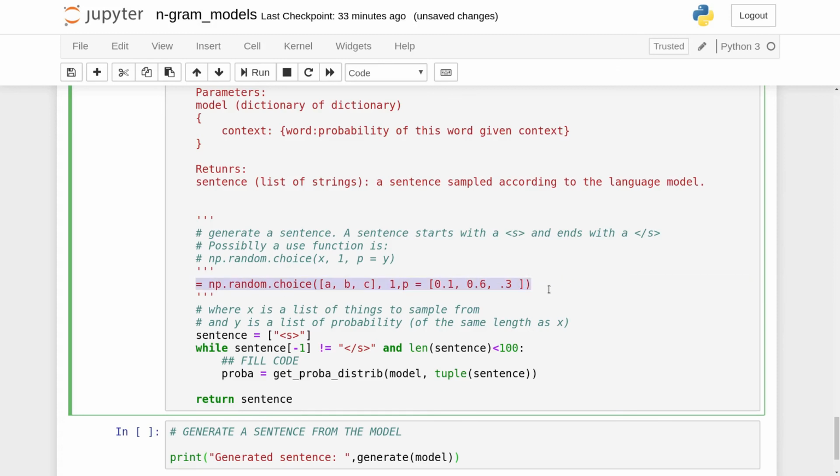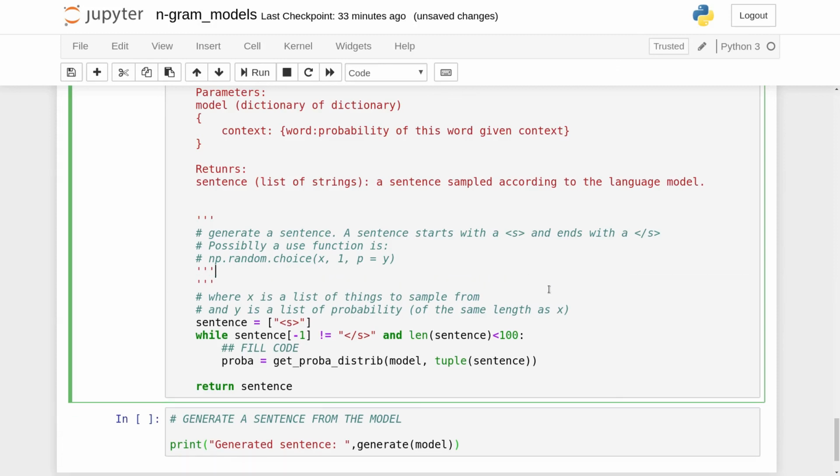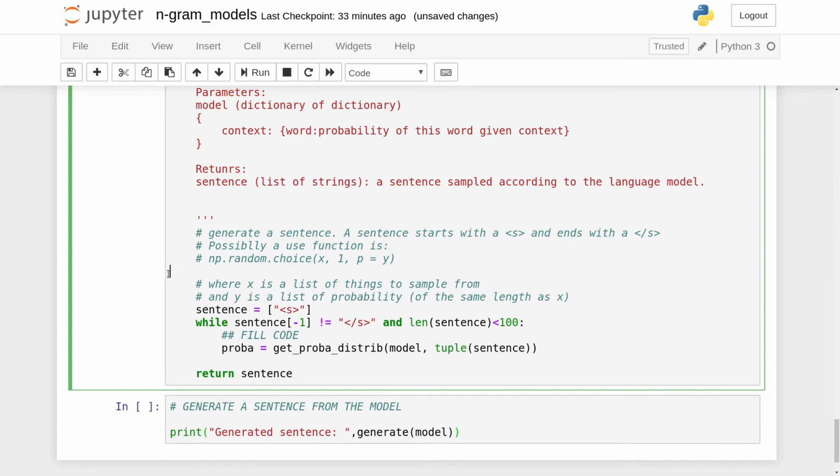So what I'm going to do here is get a word. The word is going to be np.random.choice of list of proba.keys. So I will use the keys of my probabilities, because this is a dictionary that maps words to probabilities.